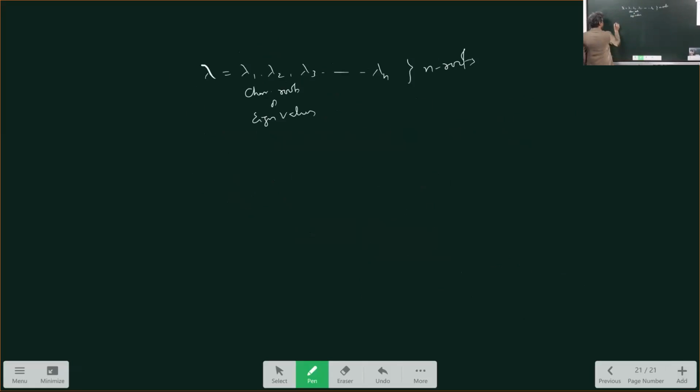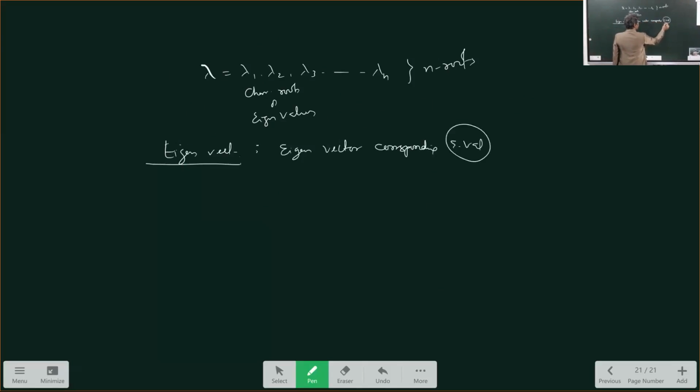Now we define the eigenvector. Whenever we are defining the eigenvector, it is related to the eigenvalue. So we fix the eigenvalue, and corresponding to that, we can get the eigenvector.